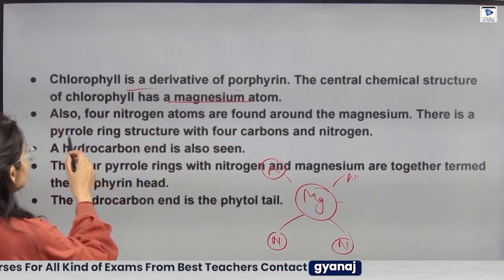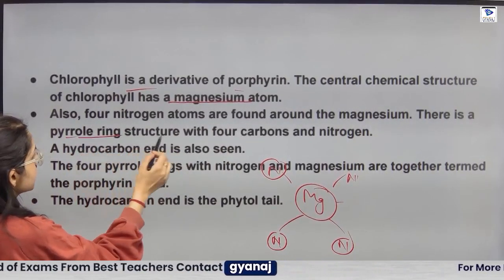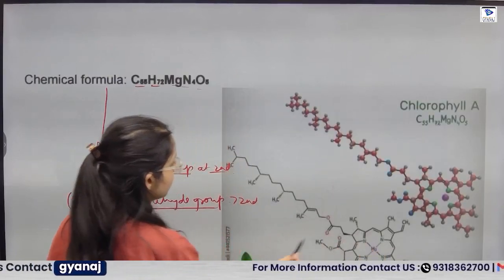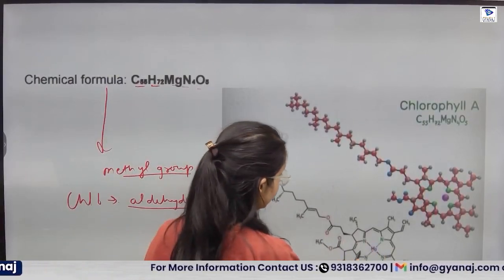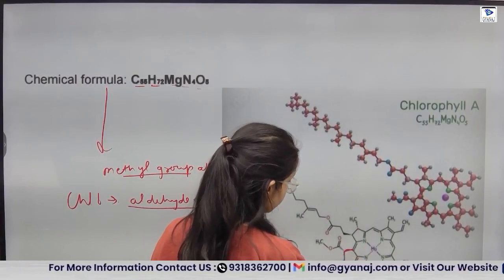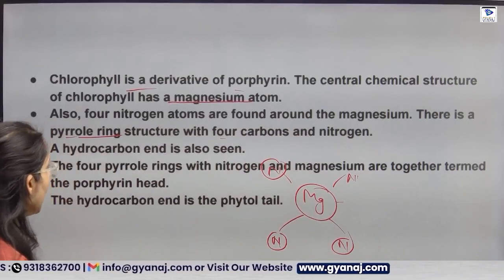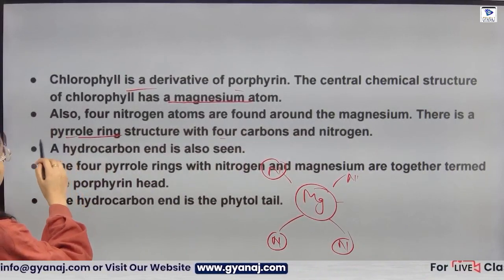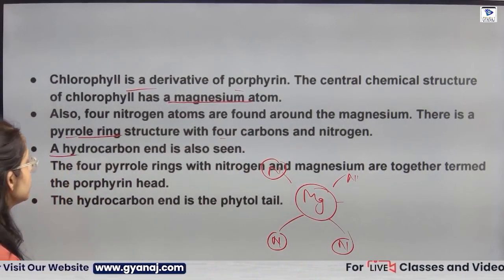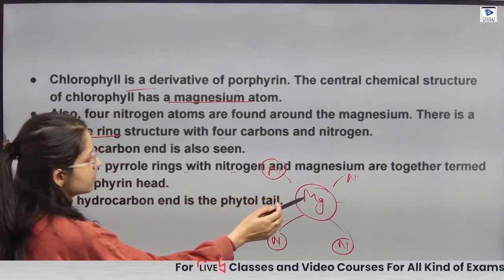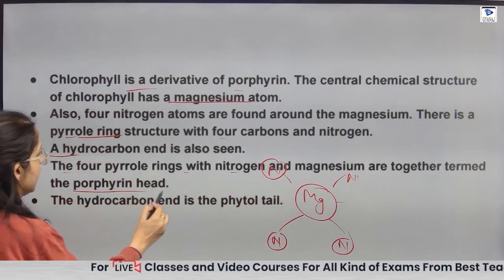There is a pyrrole ring structure with 4 carbons around the nitrogen. And a hydrocarbon end is also seen. The 4 pyrrole rings with the nitrogen and the magnesium together are termed the porphyrin head.